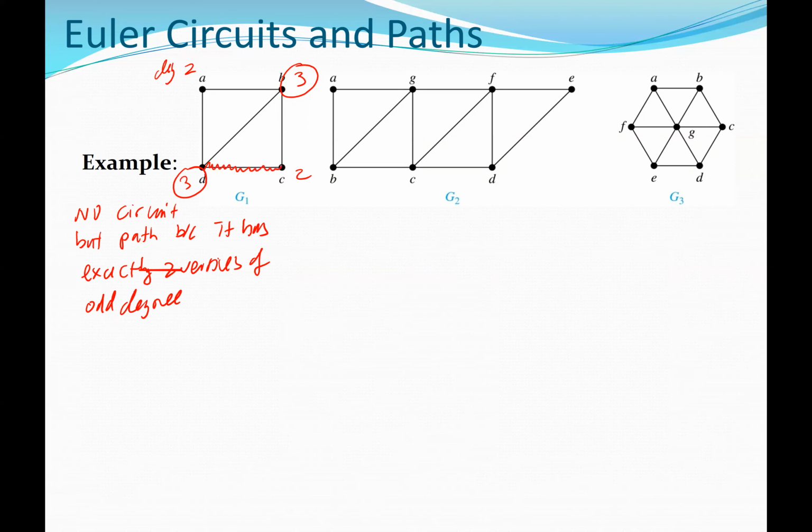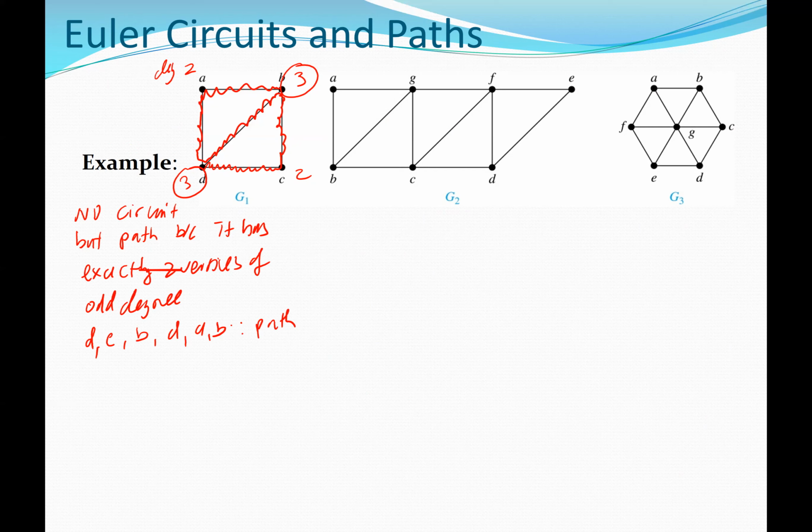So we start at D. You have D, C, then you go back to B, then back to D, then A, and then B. It's a path. All right, simple path, but not a circuit.